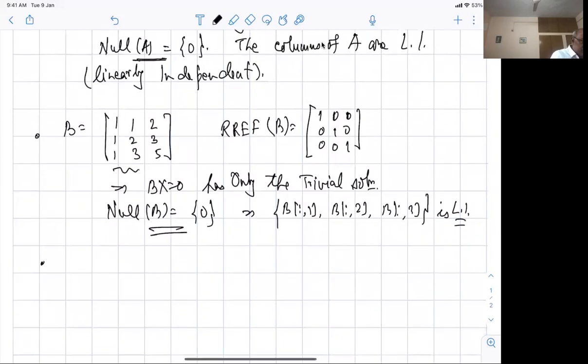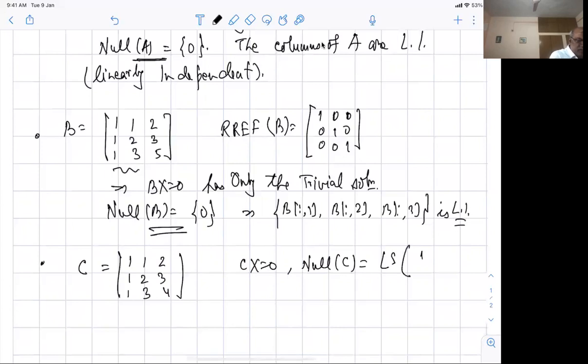Fine. Now if I look at another matrix C, which is 1, 1, 1, 1, 2, 3, 2, 3, 4, then you can see that Cx is equal to 0, or the null space of C, consists of the linear span of the vector 1, 1, minus 1. So just verify it yourself.